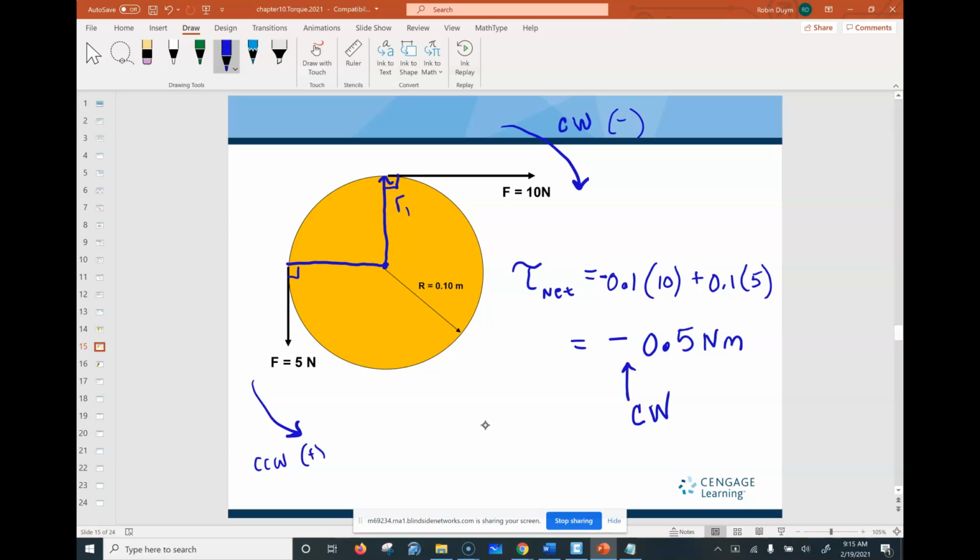It's sort of like the battle of the torques. This guy wants to pull it this way, this guy wants to pull it this way, but this is a bigger force with the same lever arm, so this guy's going to win out, so it's going to rotate clockwise.